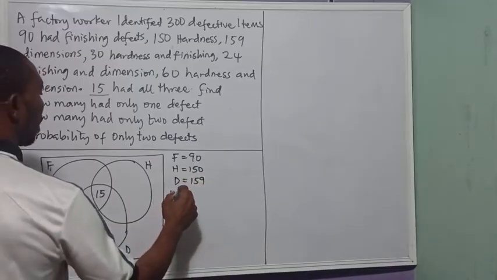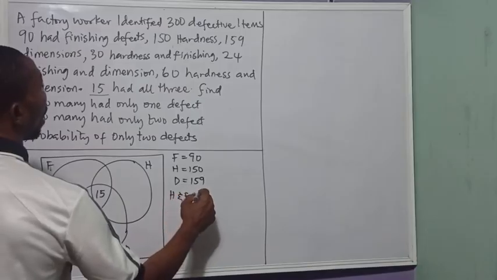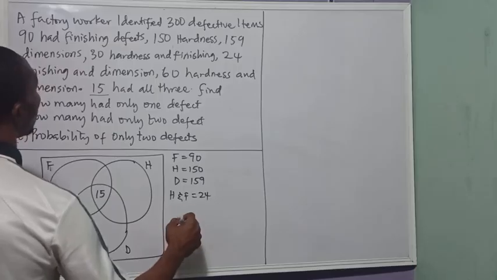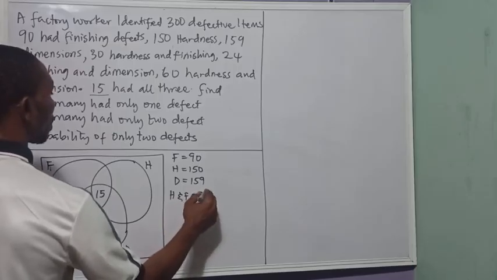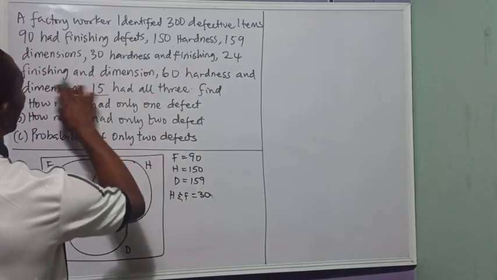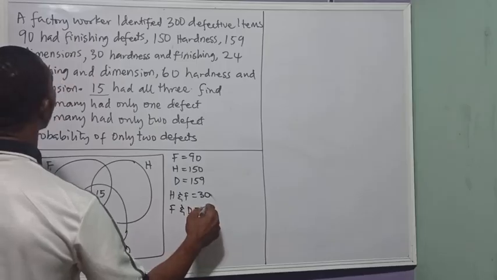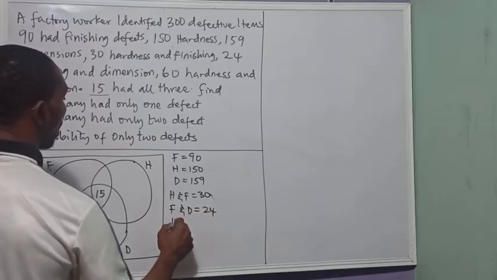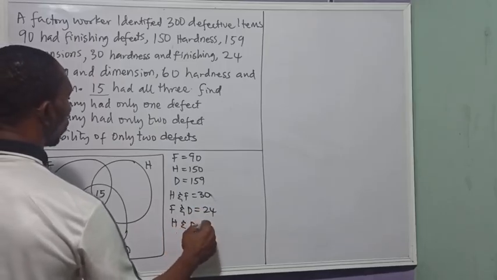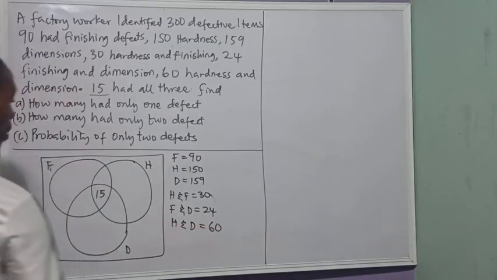Hardness and finishing, we have 30. Finishing and dimension, we have 24, and hardness and dimension, we have 60.